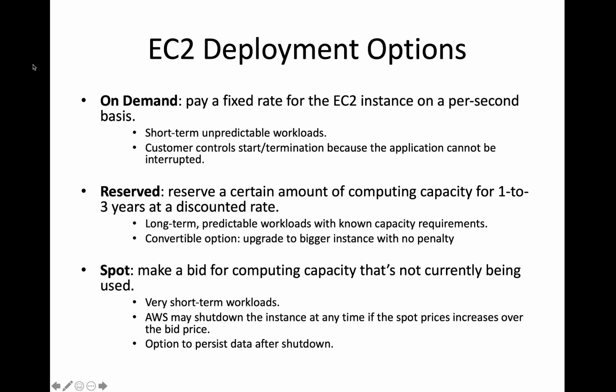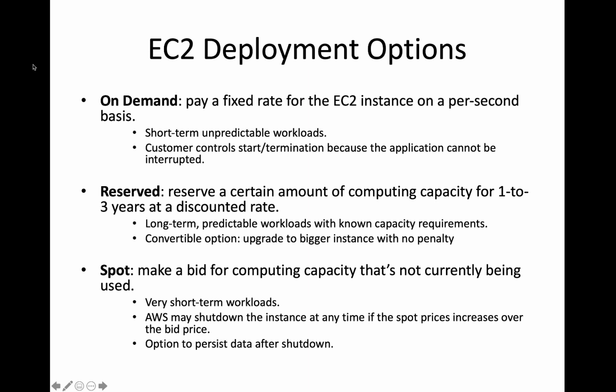There's an option that you can enable for reserved deployments, and that is to select the convertible option, which allows you to upgrade a server to a larger instance. So when you make an instance reservation, basically you're telling AWS that you want to use a certain sized image for a particular amount of time.